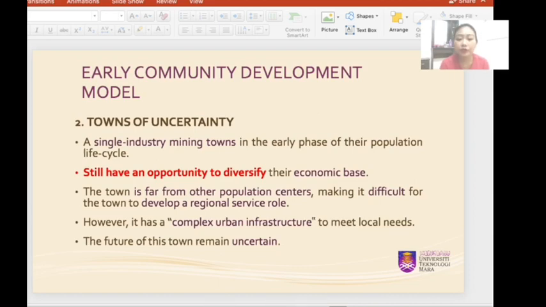The future of this town remains uncertain. Please bear in mind that the sentence I highlighted in red is important. The first one just now involves no diversification, this one has the opportunity to diversify, but it is uncertain, yeah?